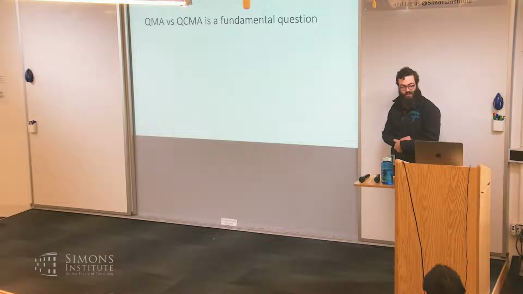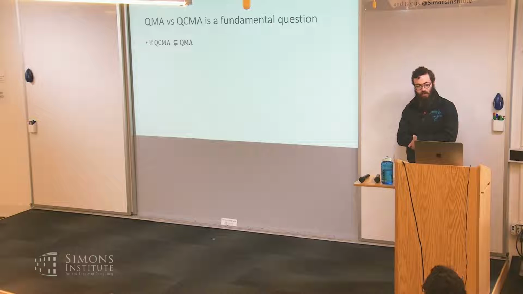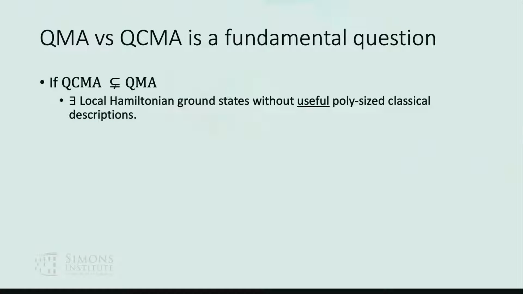Okay. So QMA versus QCMA is a fundamental question, hopefully I can convince you. If you are a physicist and QMA and QCMA are not equal, then that would mean that there are local Hamiltonians whose ground states do not have a useful poly-sized classical description. And what do I mean here by useful? I'm not a physicist, so go easy on me.